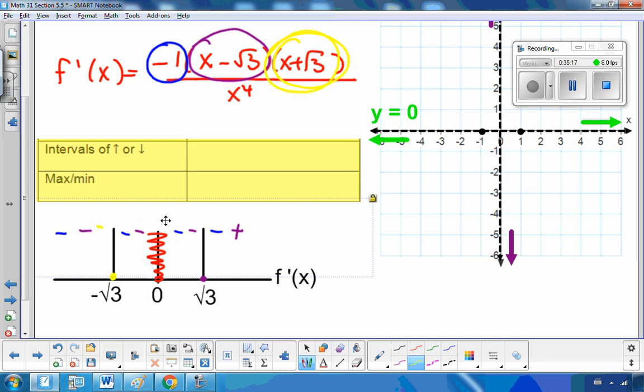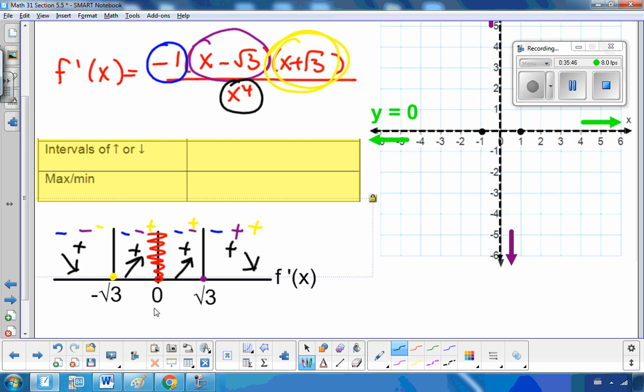So to the left it's negative, to the right it is all positive. And then x exponent 4 will always be positive. So just looking for intervals of increase and decrease. In the first one I have 3 negatives, which means it's decreasing. In the next one I have 2 negatives, which is a positive, which means it's increasing. 2 negatives is a positive, which means increasing. 1 negative means it is decreasing.